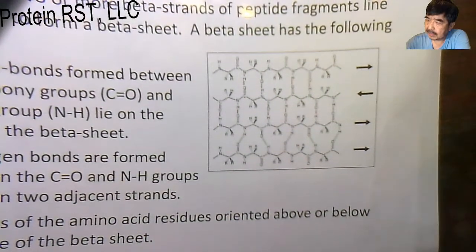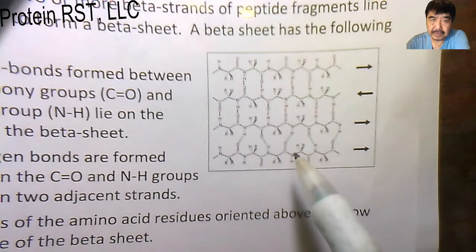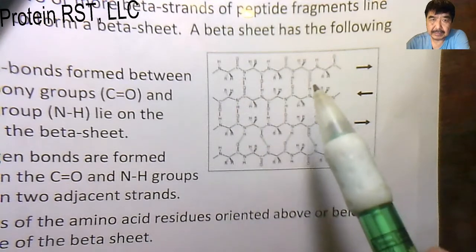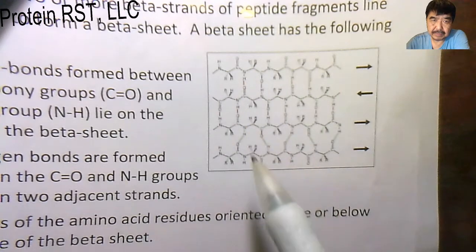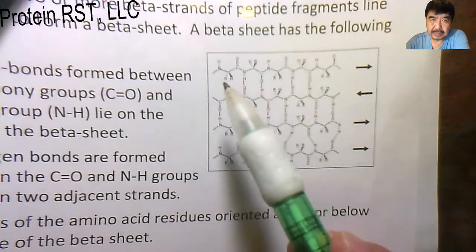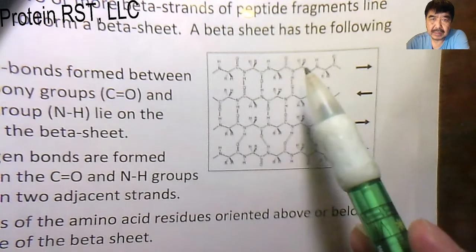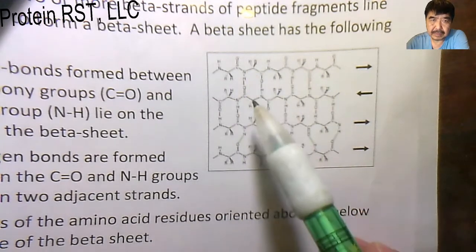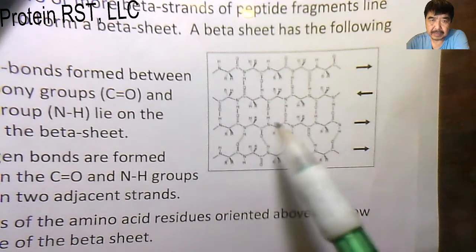You can see this is the beta sheet made of 4 strands: 1, 2, 3, 4. You can see those strands can be anti-parallel. The first one and the second one are anti-parallel. The second one and the third one are parallel.